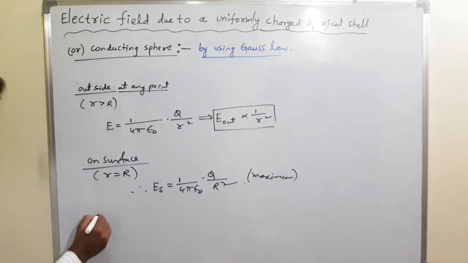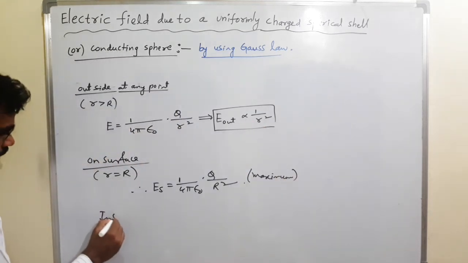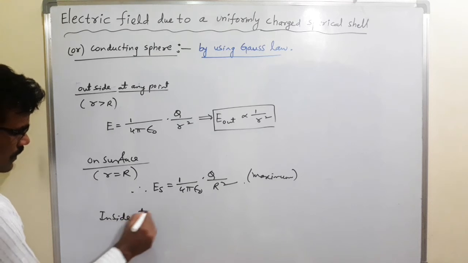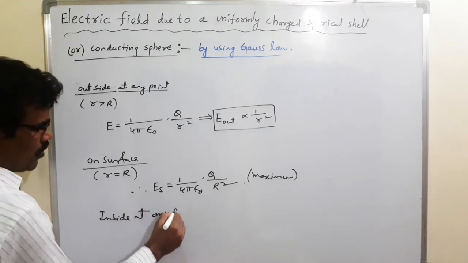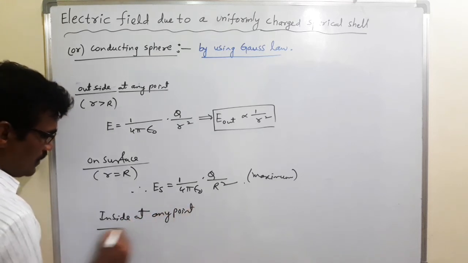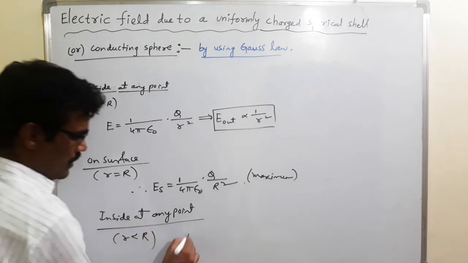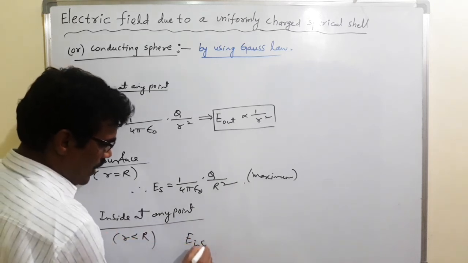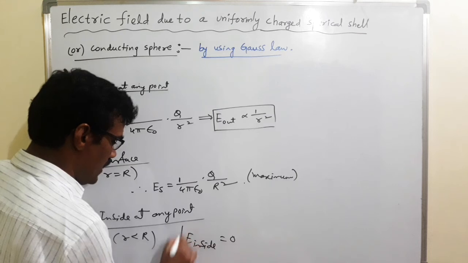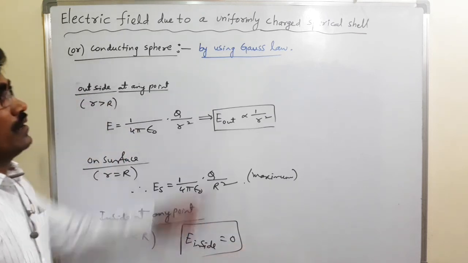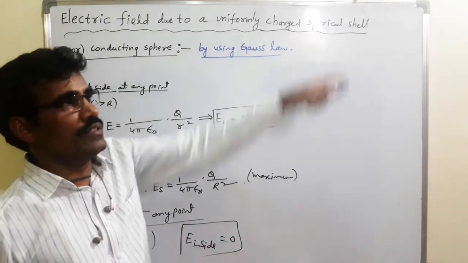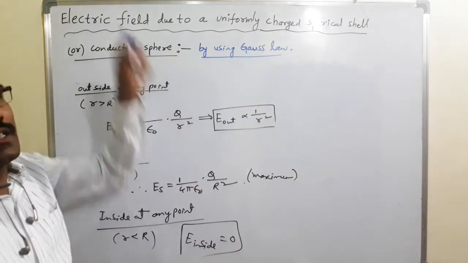Students, inside at any point, small r less than capital R, including the center, field is 0 for a uniformly charged spherical shell or conducting sphere.